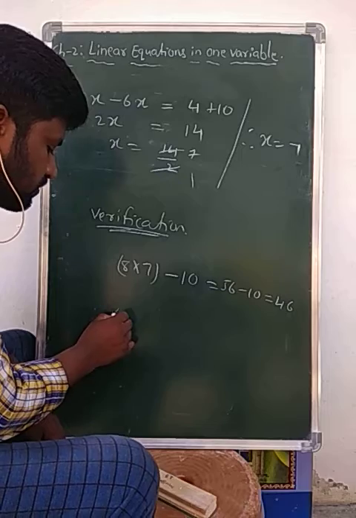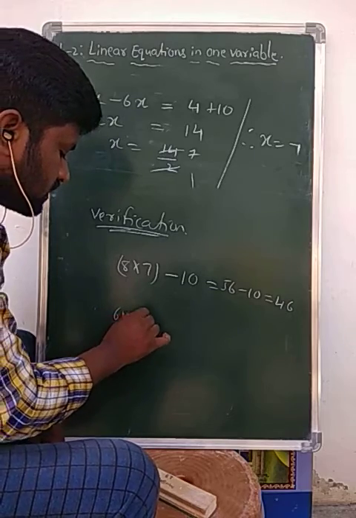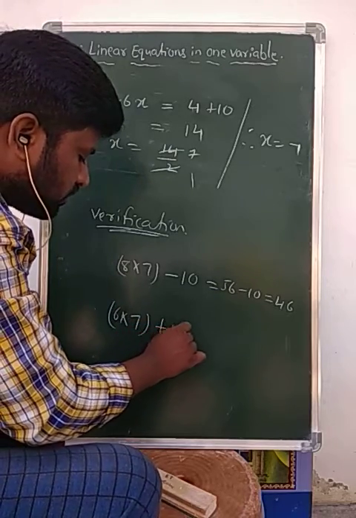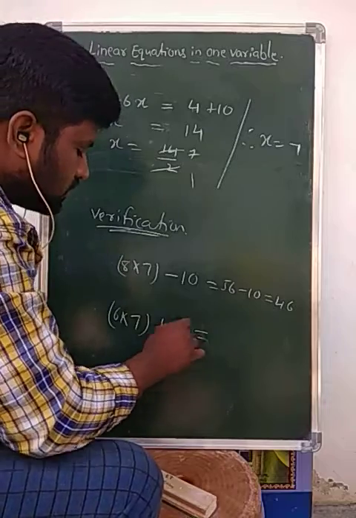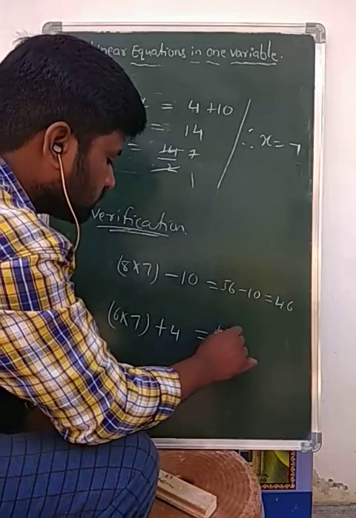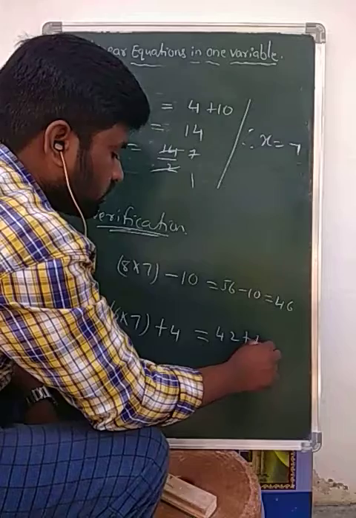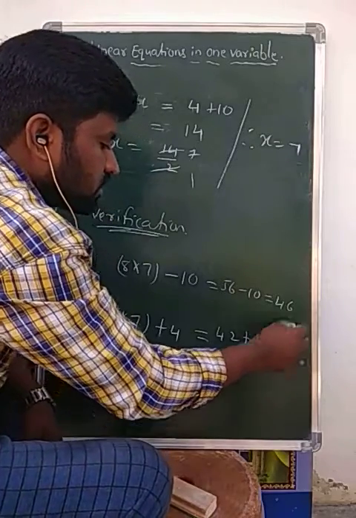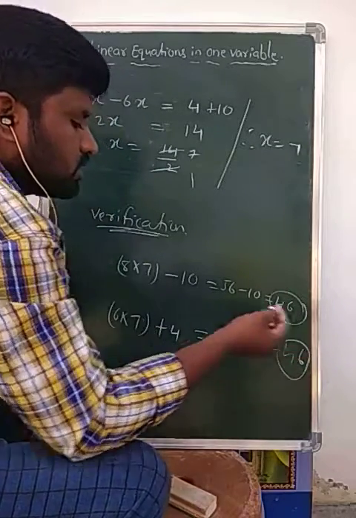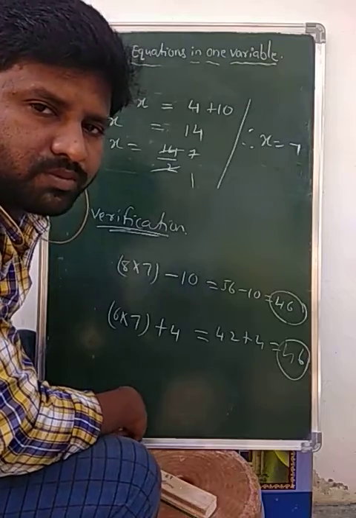And 6 times the number means 6 into 7, and plus 4. 6 sevens are 42, plus 4 equals 46. So clearly both are 46. This is the required verification.